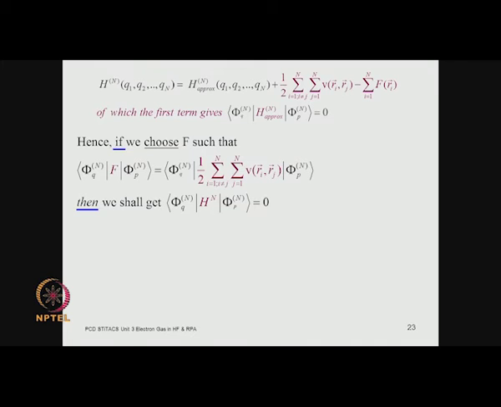Okay. So, if f is so chosen that the matrix element of the 2 electron term V is exactly equal to this new single particle interaction f, and this is telling us how f should be chosen. Okay.